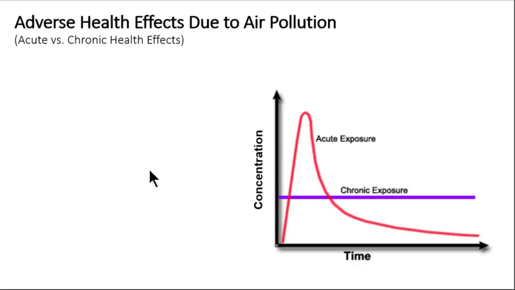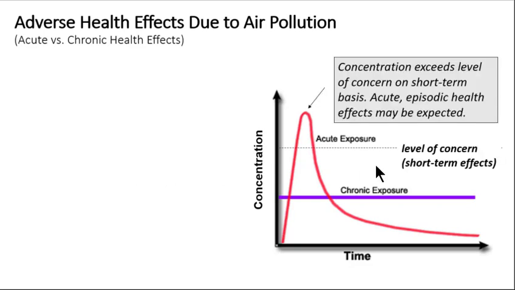Also indicated by the dashed line is the level of concern for short-term exposure to this contaminant. The period of time when concentrations exceed this level of concern for short-term acute effects are therefore when acute health effects may be anticipated for sensitive individuals.